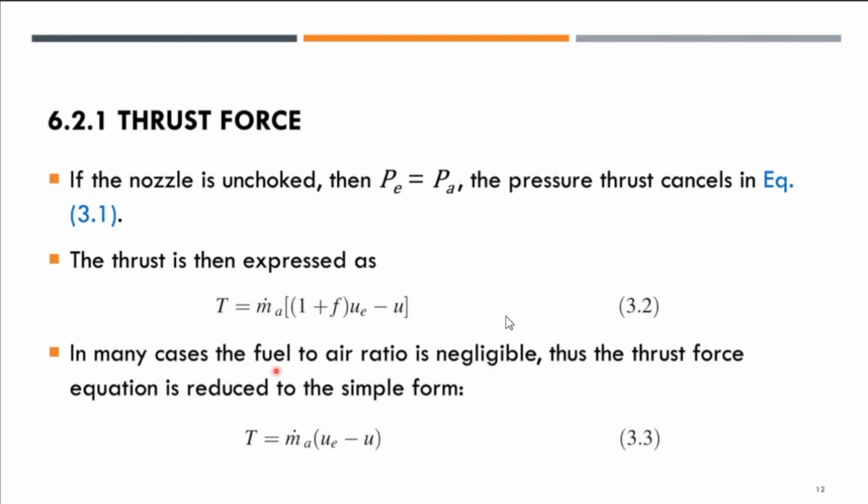So you can just remove the component f, which is the fuel to air ratio, and ignore it. Equation 3.2 can be simplified to equation 3.3, just leaving the thrust equal to the mass flow rate times the velocity difference. Only that.